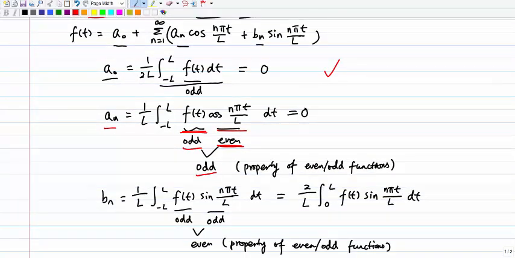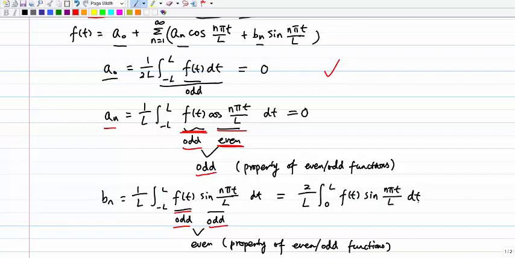And bn is 1 over L times the integration from negative L to L of f(t) sine of n pi t over L dt. Here f(t) is an odd function based on the assumption, and sine of n pi t over L is an odd function. Odd times odd is an even function, as I mentioned before. So this integration from negative L to L is just twice the integration from 0 to L of the same function.